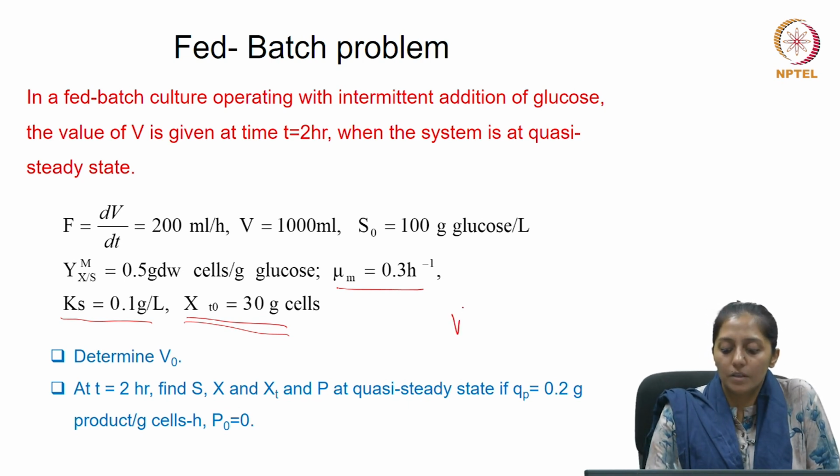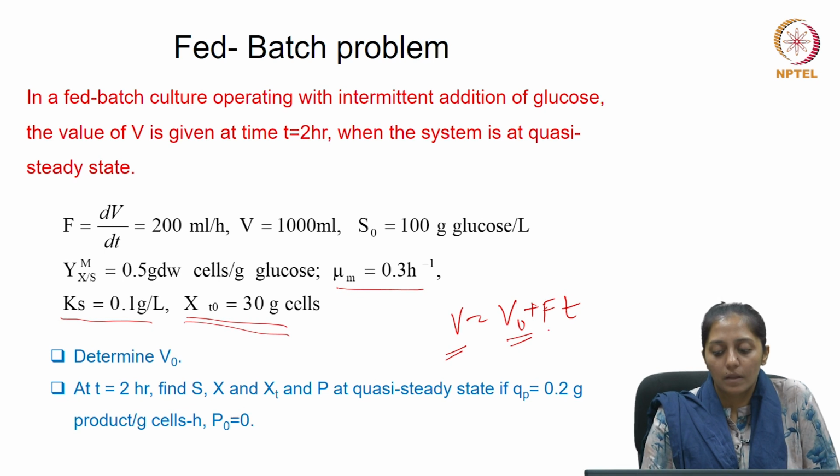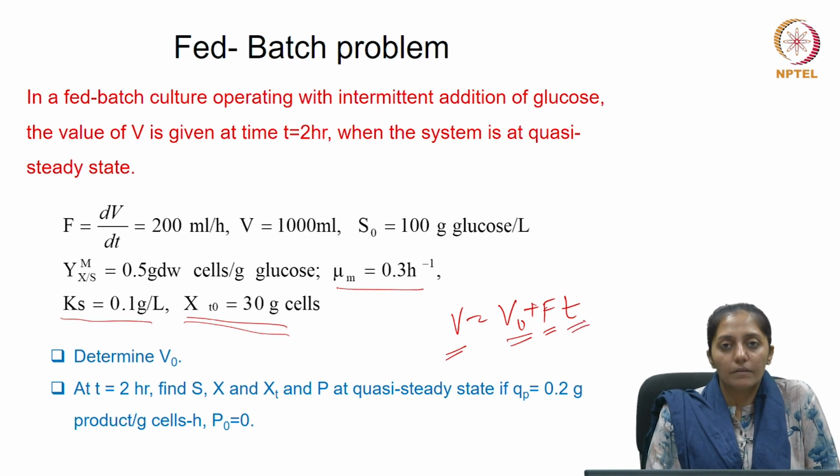So, we know V is equal to V0 plus Ft. V is given to us, we need to find out V0, F is known, and T is given as 2 hours at which the volume V is also known.